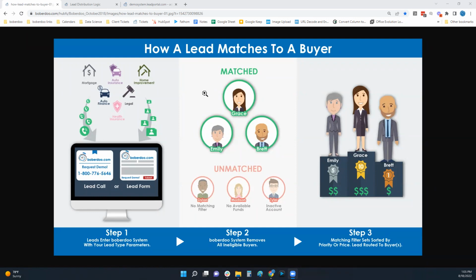And so what we are talking about here is step 2, when there are multiple partners, more specifically, more partners that can get the lead than there are spots available. How do we sort these multiple matches? The idea is that there are different end goals.